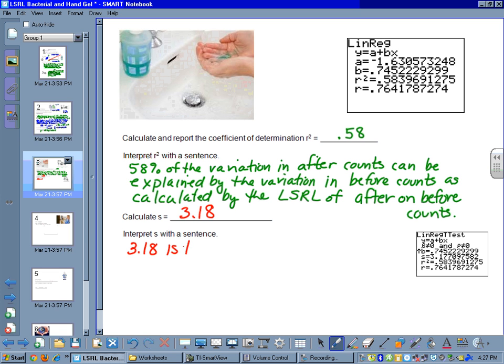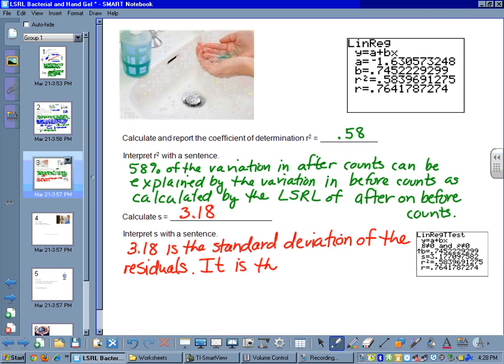3.18 is the standard deviation of the residuals. And what does that mean?